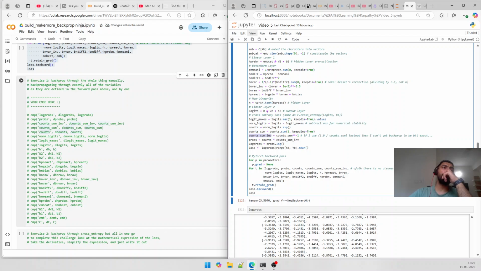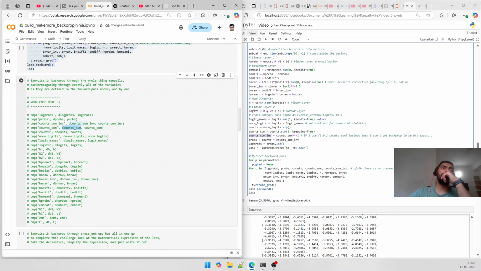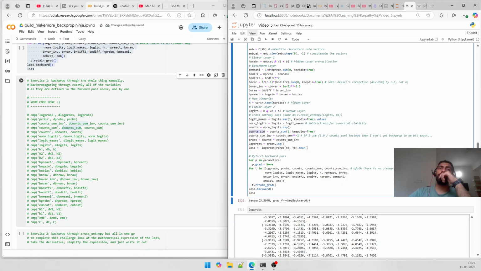Now it should be with respect to count sum. So this is what we need to calculate. So this is count sum, and it is 1 by count sum.